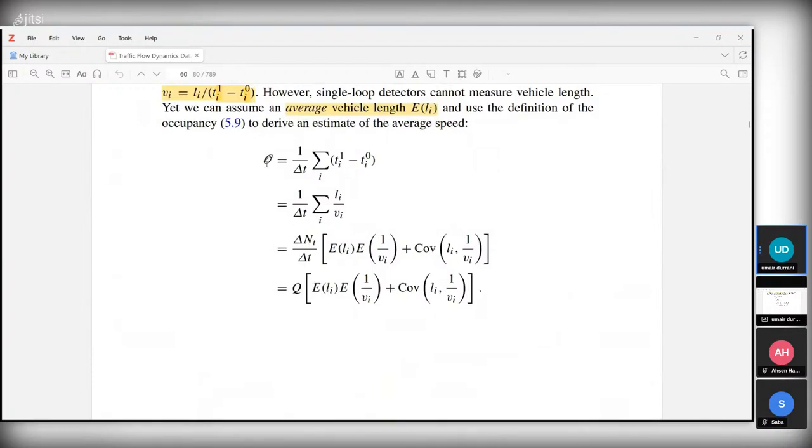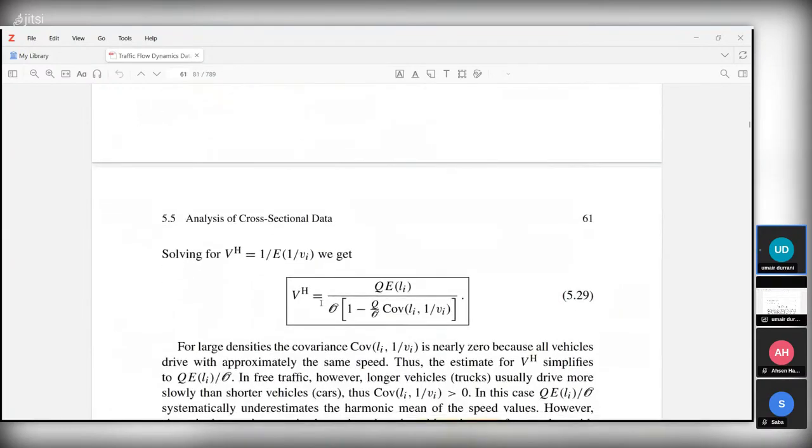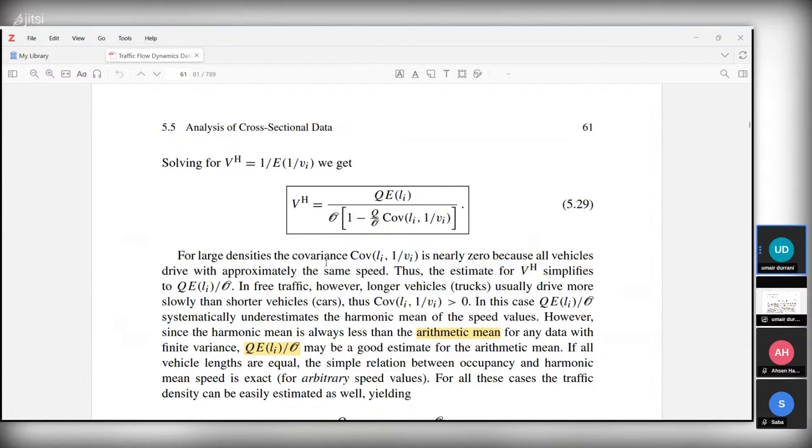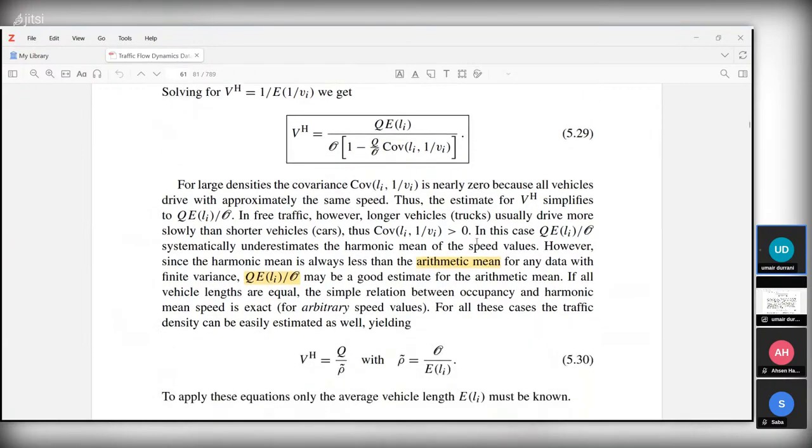So they derive this equation for the occupancy, equation 5.29, where the harmonic mean speed is equal to the flow times the average of the assumed length of all vehicles, and occupancy, multiplied with, again, here this is traffic flow, occupancy, and the covariance between the length of the vehicle and the reciprocal of the speed. Obviously, if you have trucks and cars, trucks have a longer length, but they generally have a smaller speed. So definitely there's going to be some covariance between these two variables.